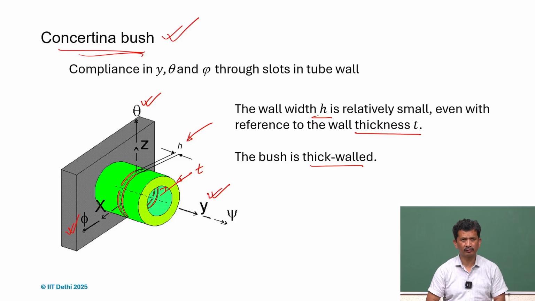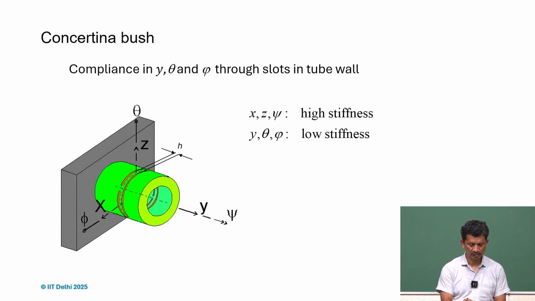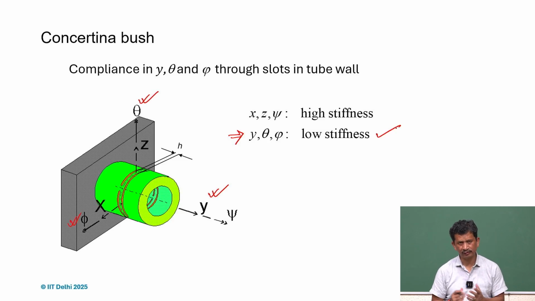Psi is constrained here because it's along the center line. So what we achieve is compliance along this direction, or we can say low stiffness in y direction, theta and phi. Low stiffness means large compliance, so it can move.